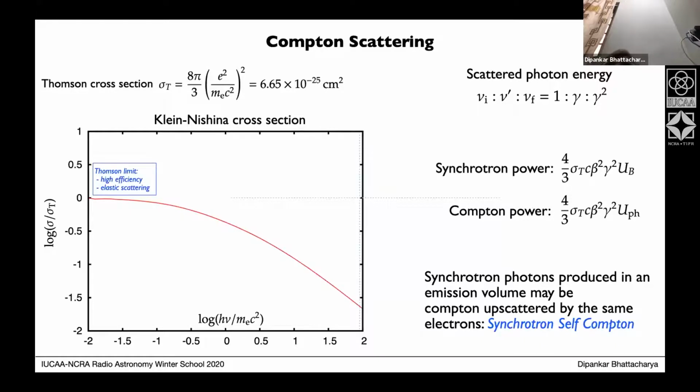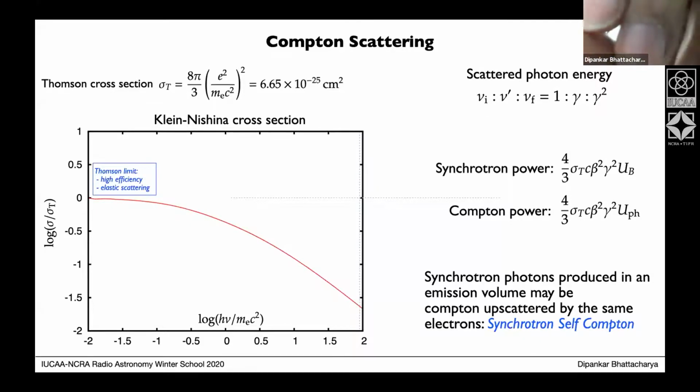So when the incoming photon energy is much lower than the rest energy of the electron, then the scattering is mostly in the Thomson regime. You have the cross section plotted on the vertical axis here, and frequency, as the electron sees it, in units of the rest energy of the electron.